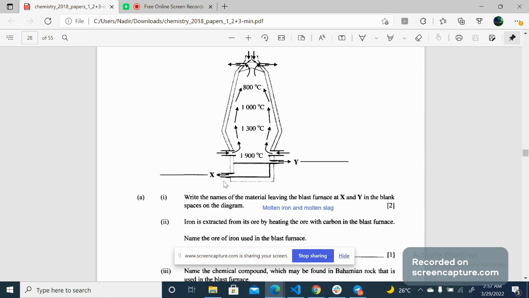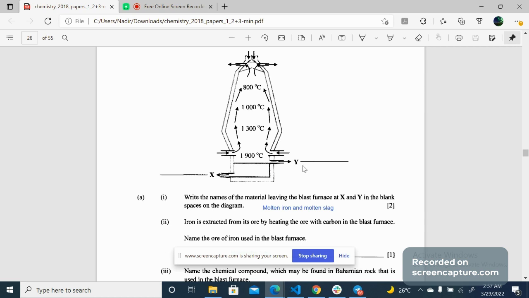So the diagram is showing us some outlet points and the labels of those outlet points. The very bottom outlet point is labeled X, and one of the other outlet points is labeled Y, and we have been asked to tell the name of the material that is coming out through these outlet points from this blast furnace.